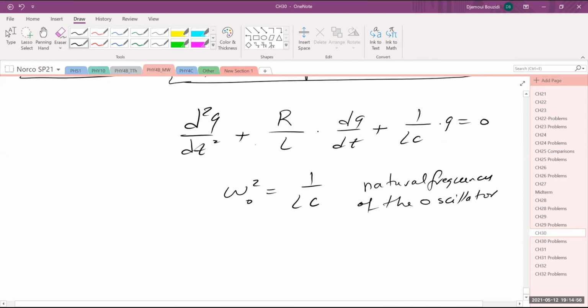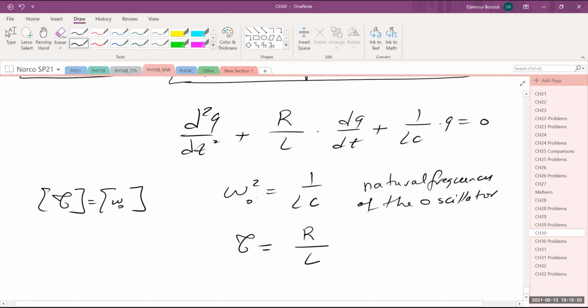R over L is a time characteristic also. R over L is actually tau. So I'm going to call tau now just R over L. So the units for omega naught and tau are the same. Actually, both of them have the same units. So tau has the same units as omega naught itself, not omega naught squared.